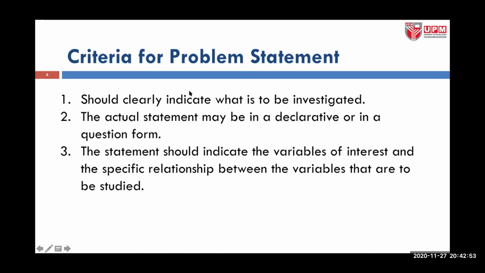So before this, we had the elements of the problem statement. The criteria of the problem statement basically just strengthen what is needed to be a strong problem statement, right?